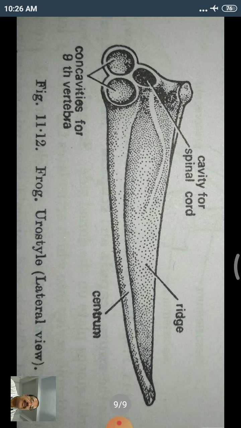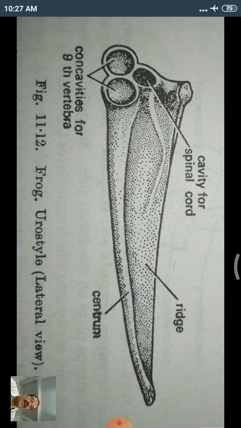Urostyle. So urostyle is the ninth vertebra representing the caudal region in the frog. It is long and triangular with pointed apex directed backwards. It represents several fused vertebrae of the tadpole.